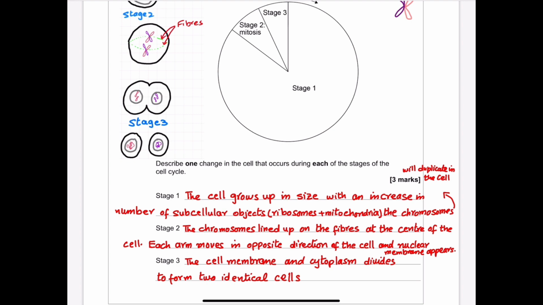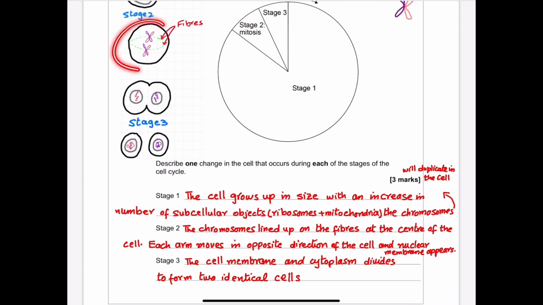Stage number 1, the cell grows in size with an increase in the number of subcellular objects like ribosomes and mitochondria. The chromosomes will duplicate in the cell also. Each arm will make a copy of itself. Stage number 2 is called mitosis. The chromosomes line up on the fibers at the center of the cell.